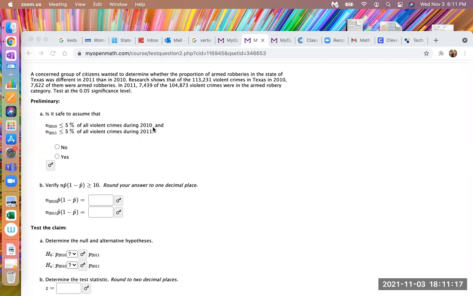So we can actually find all of the violent crimes in 2010 because they do provide that number. So it sounds to me like they actually want us to do the number sampled.